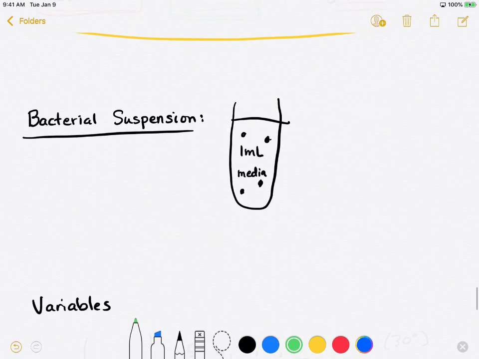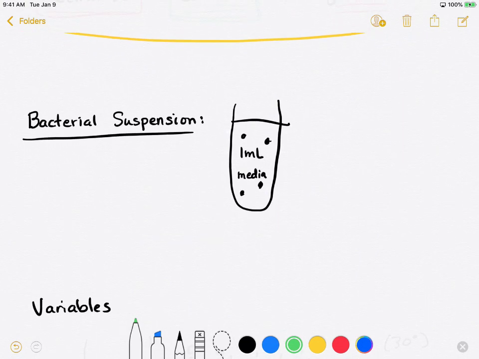The first thing that we did was we created a bacterial suspension. To create the bacterial suspension, what we did was we took 1, 2, 3, 4 different bacterial colonies from our plate and we swirled it in 1 milliliter of media. This created a mixture where we had multiple bacterial colonies growing, and this was what we were going to use to pull from to inoculate other colonies.